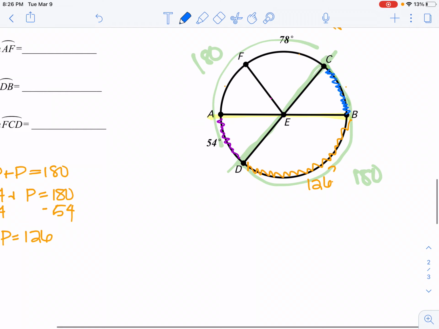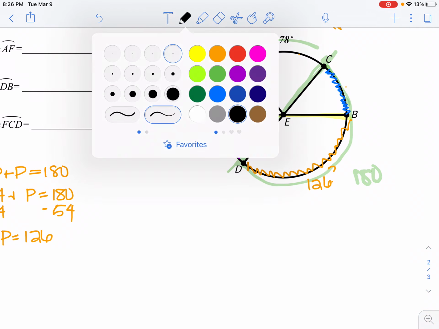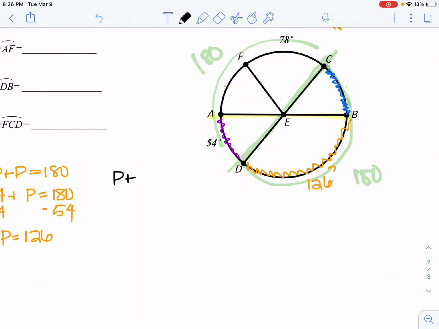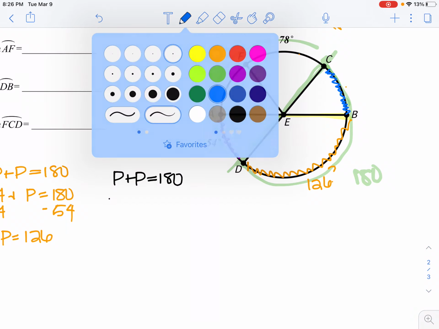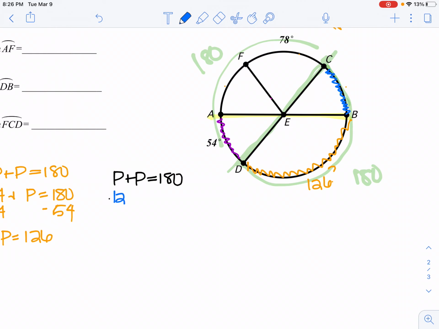So that semicircle is made up of 2 parts, and then my whole is 180 because it's a semicircle. I know one of those parts is 126. I'm looking for my other part, and that's going to equal 180 then. So I'm going to subtract by the 126 on both sides, and then I get 54.